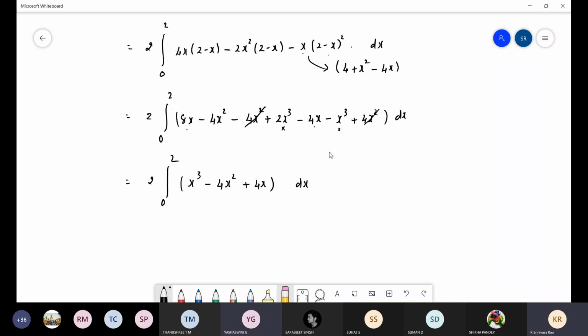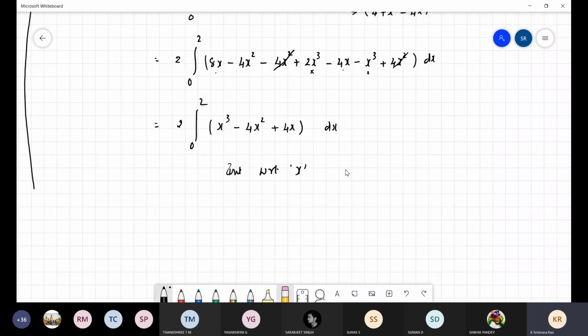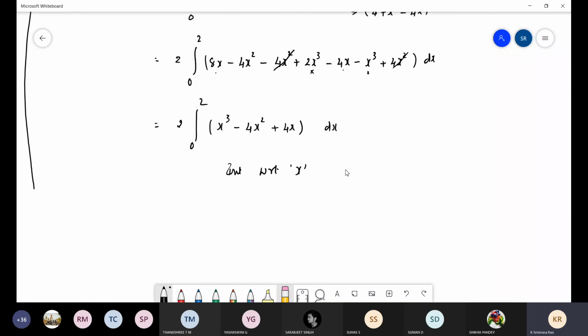Yes, sir. Now integrate with respect to x; just one last step. 2 times: integration of the first term x power 4 by 4, minus 4 times x cube by 3, plus 4 times x square by 2, with limit 0 to 2.